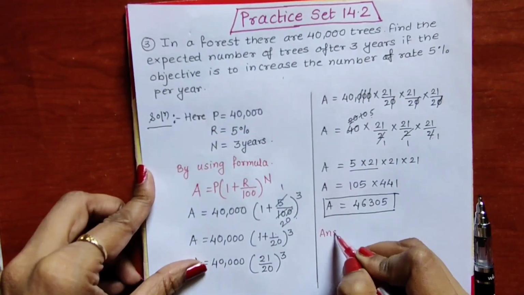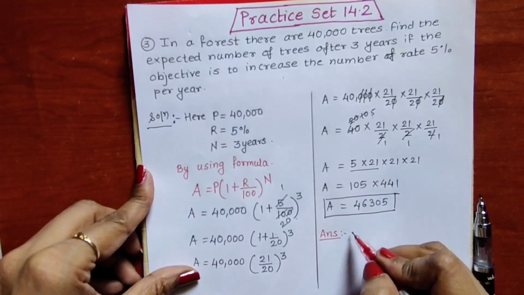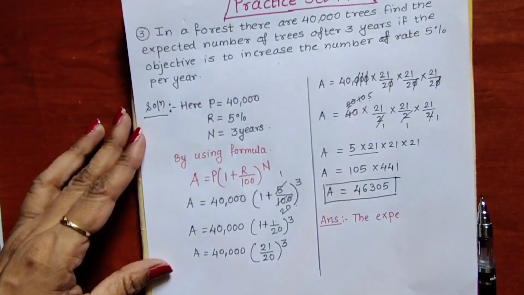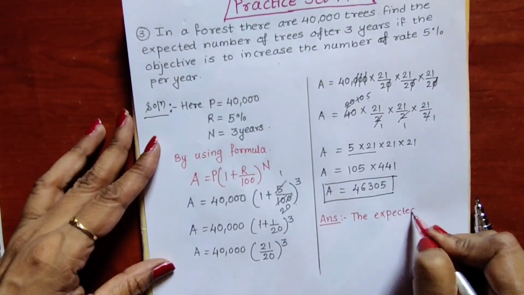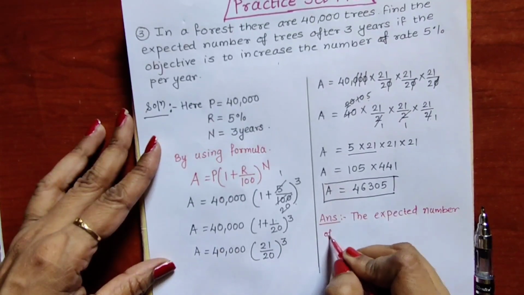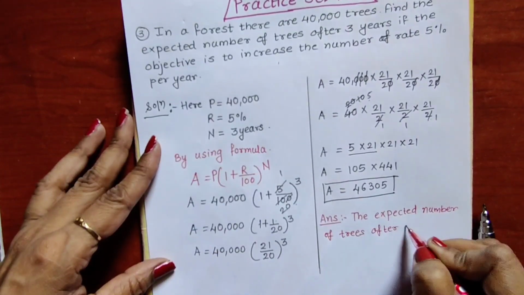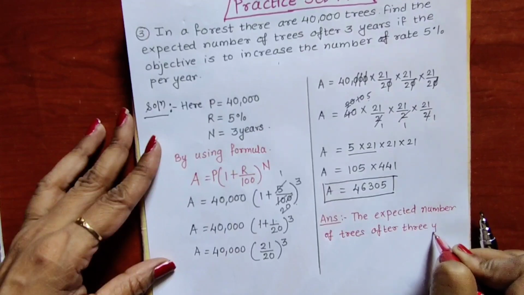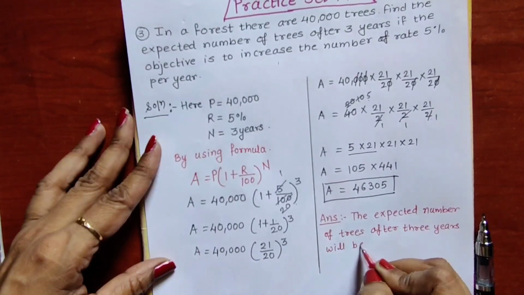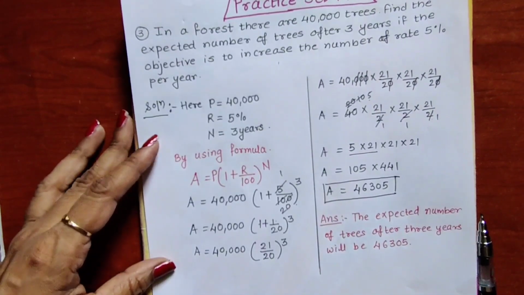So the answer is: the expected number of trees after 3 years will be 46,305.